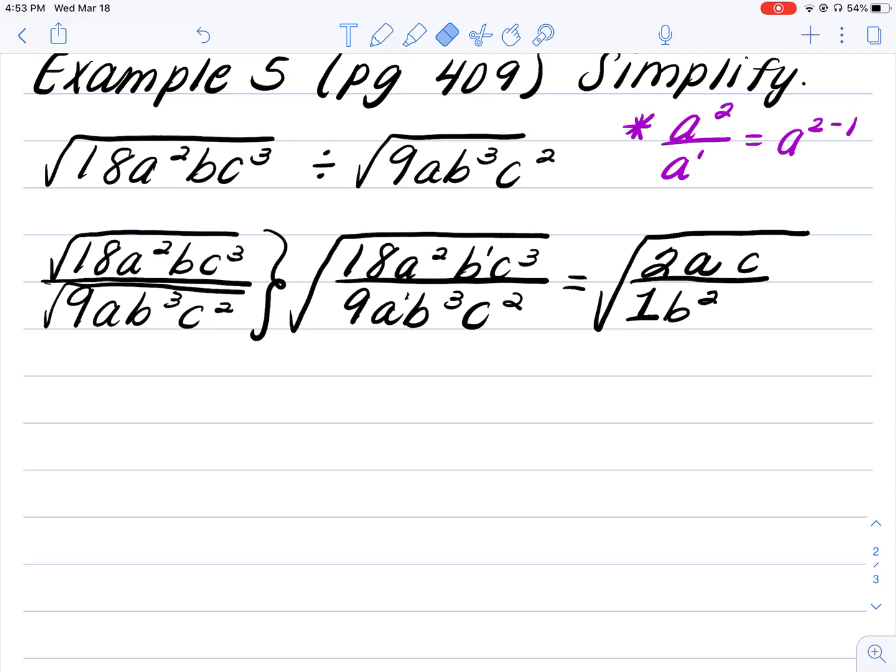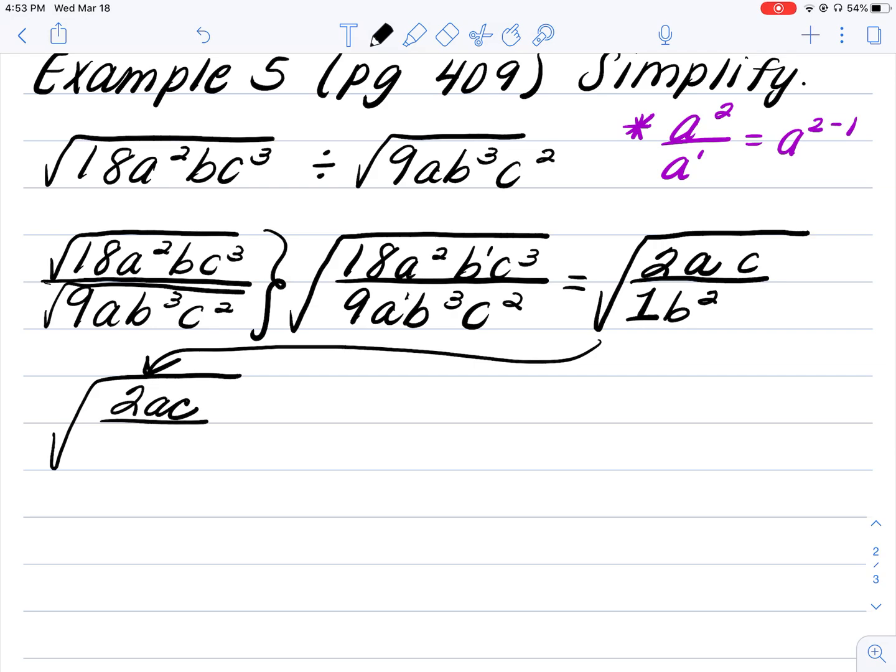And what I want to do now is, now that I have this out, I'm going to rewrite it over here. Okay. I'm running kind of out of space. 2AC all over 1b squared. Now, if you don't want to put a 1 in the front, you don't have to. You can just put b squared.